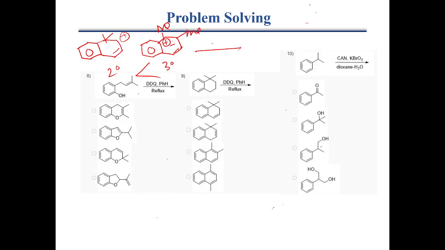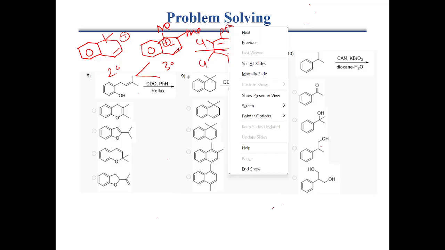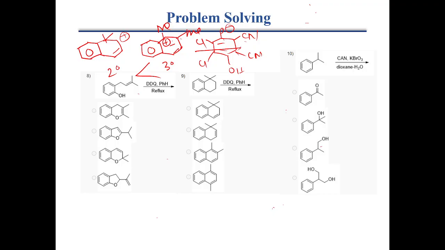So now in the presence of this, DDQ goes to quinol form. Now there a proton is there. Now this O minus abstracts this proton and neutralizes this carbocation.